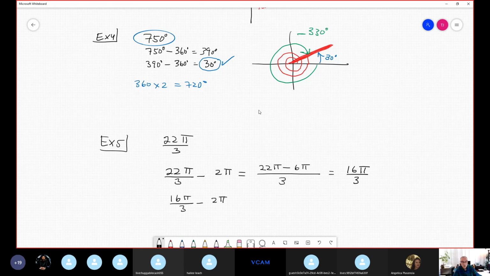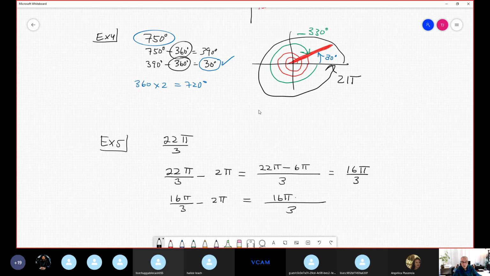A similar idea. You subtract 360, which is one revolution, and you subtract 2 pi, which is one revolution. 2 pi is one full circle. So we have 16 pi over 3. LCD is 3, 16 pi minus 6 pi is 10 pi over 3. Wow, too much.